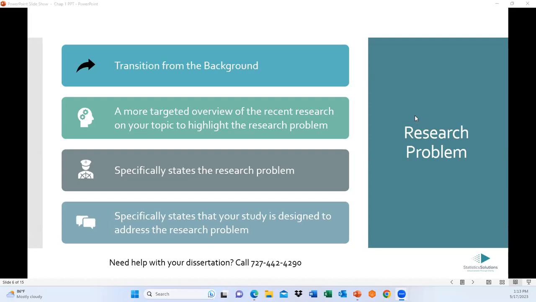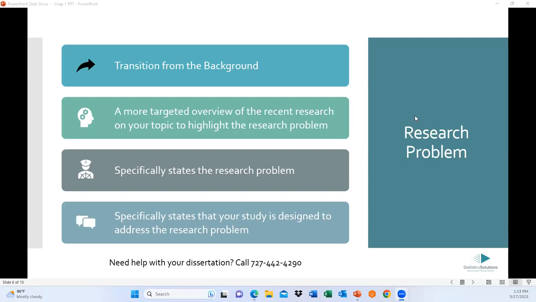Now, this is a more targeted discussion of what your actual research problem is, right? So it transitions from the background. Research in this section should be pretty recent because you're framing the current research problem.